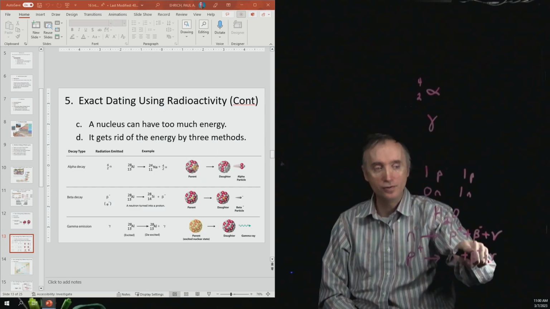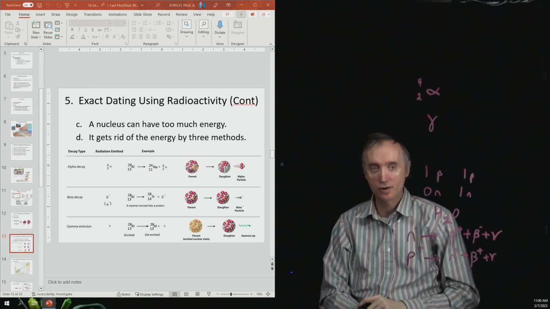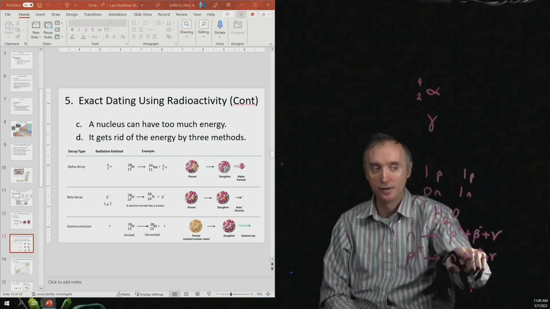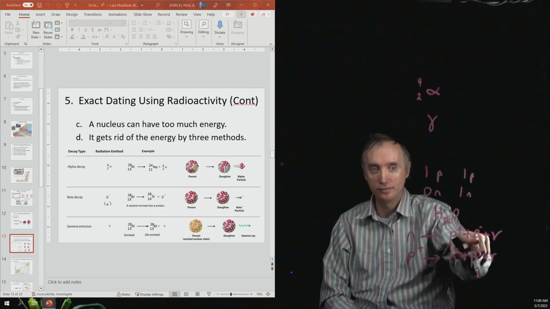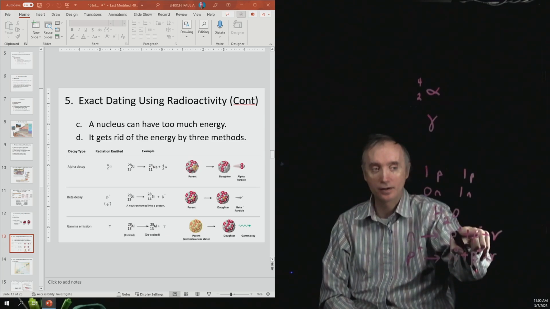So these two particles are the same, except they have opposite charges. And so this beta plus is a positron. This was the electron. This one is its antimatter particle. And so this is the opposite of the electron, which is going to be called a positron because it's got that positive charge.